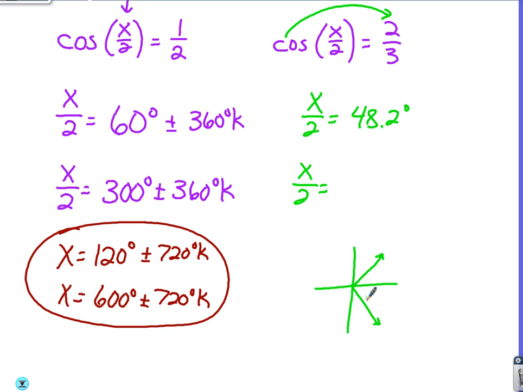Positive 48.2 degrees will have the exact same cosine as negative 48.2 degrees, but I'm not a big fan of that because I'd rather have this angle instead of this angle. So what I would do is take 360, subtract that from it. I think we get 311.8 degrees. Plus and minus rotations.